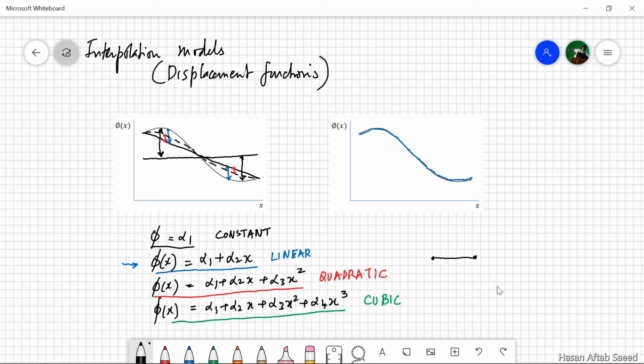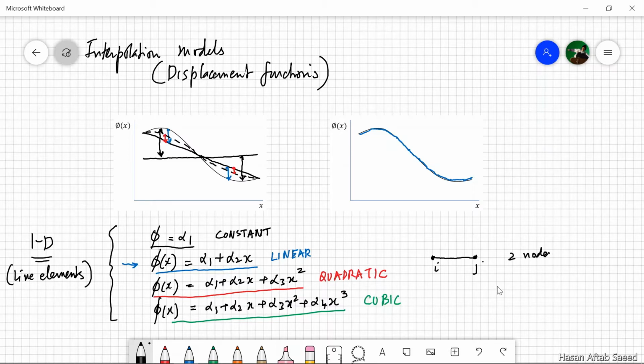It's a line element, as they all are. These are 1D and all these are line elements, and there were two nodes i and j. We need to calculate two coefficients, so we need two nodes to get two equations.